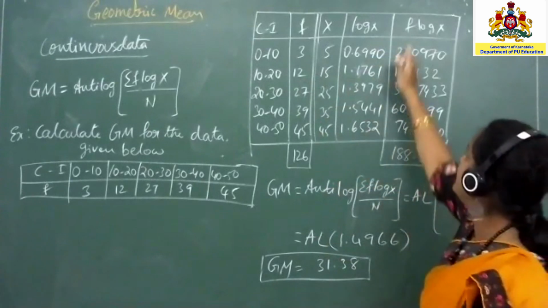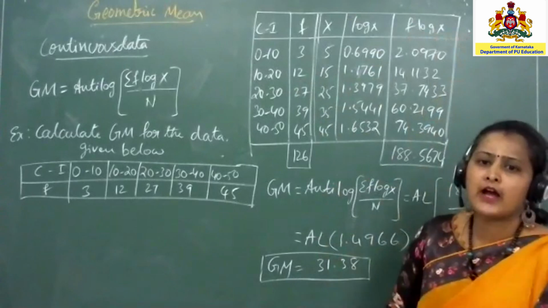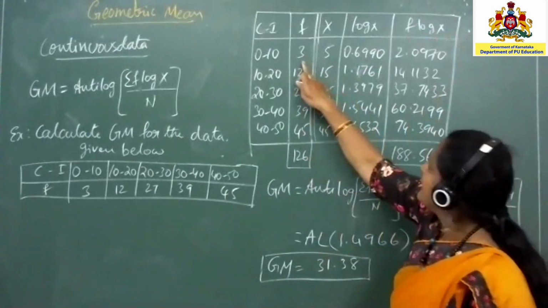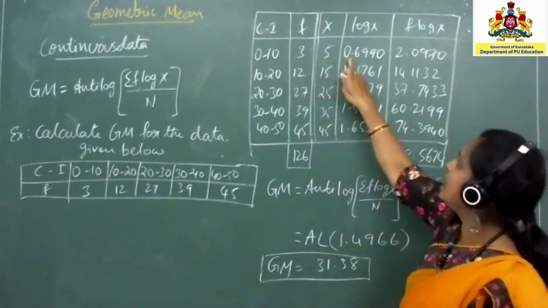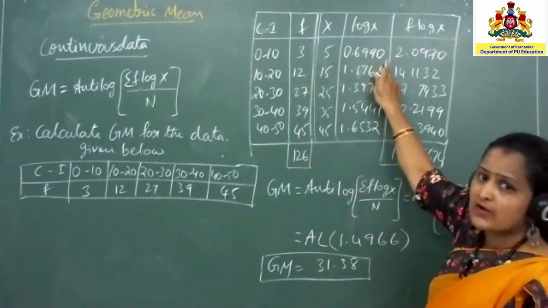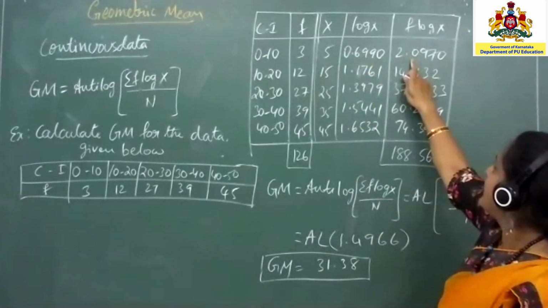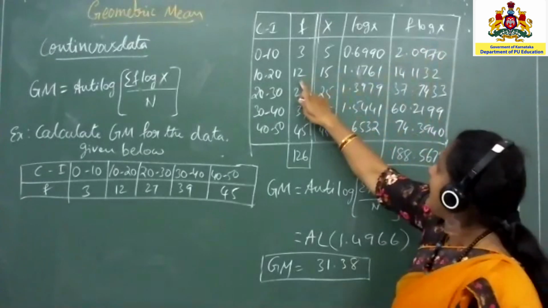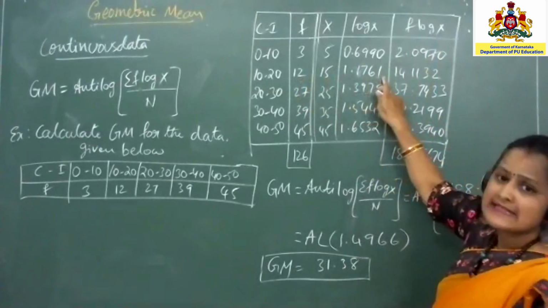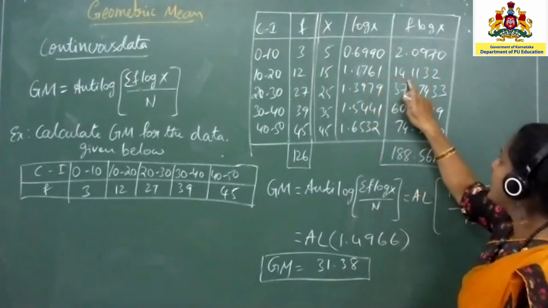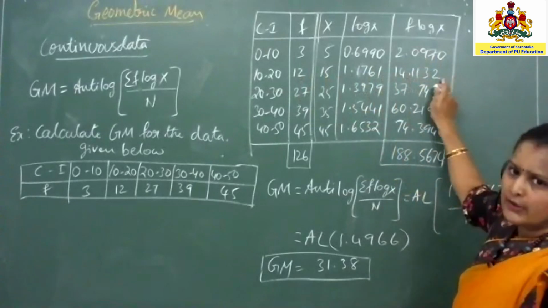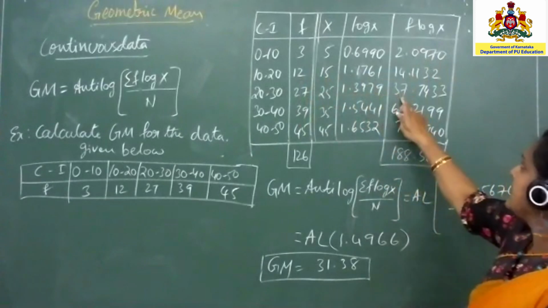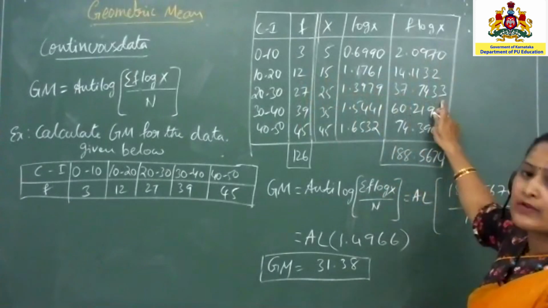After that you should find f log x. The f is given in the problem already: 3 into 0.6990 comes to 2.0970. Then 12 into 1.1761 will be 14.1132. Then 27 into 1.3979 is 37.7433.